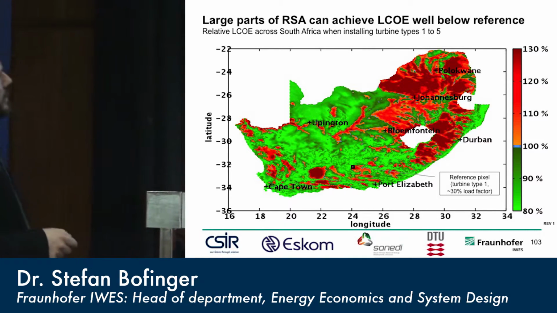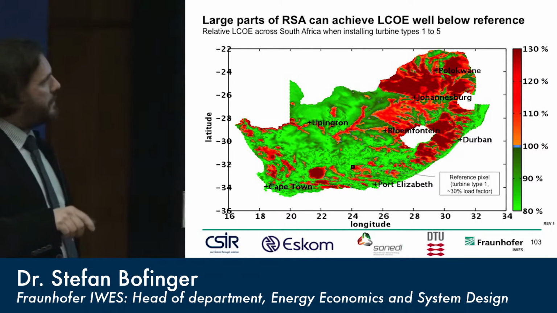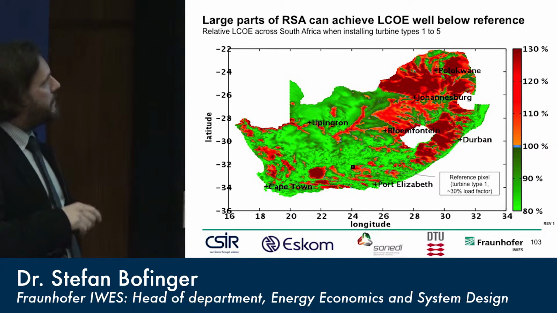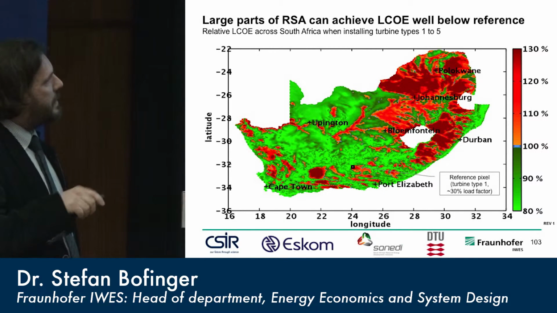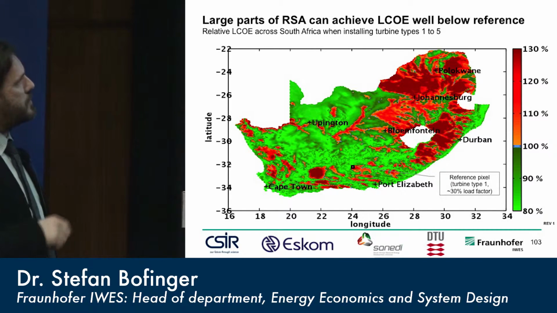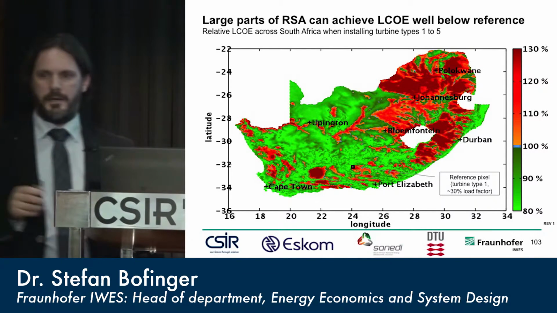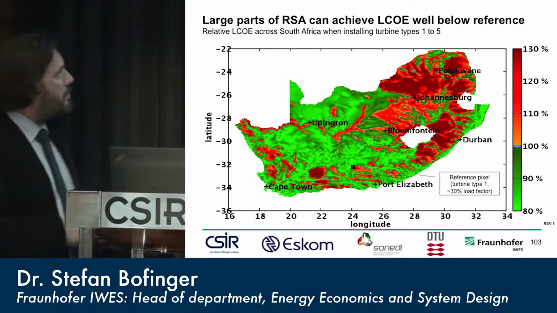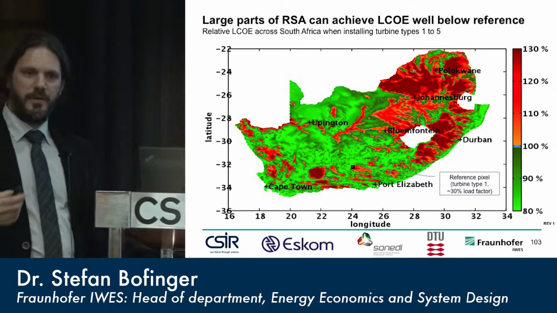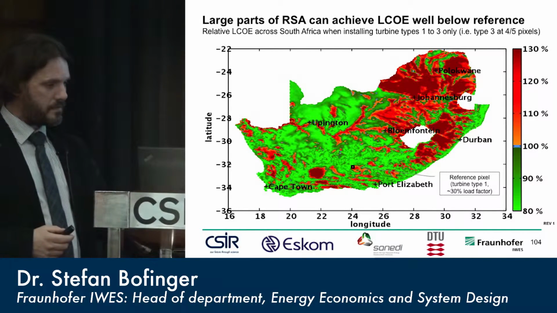But looking at the colors of the map, you see most of the country is in the range up to this reference plant. So you can operate wind parks economically even at the late stage. That also means, from an economic perspective, most of the South African landmass can be used for economically viable wind energy projects.